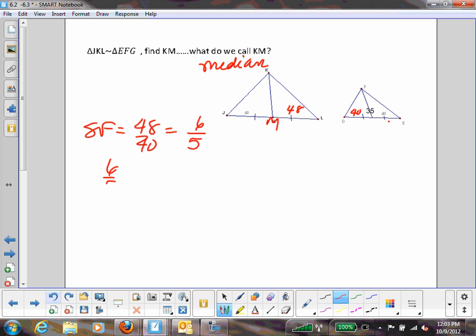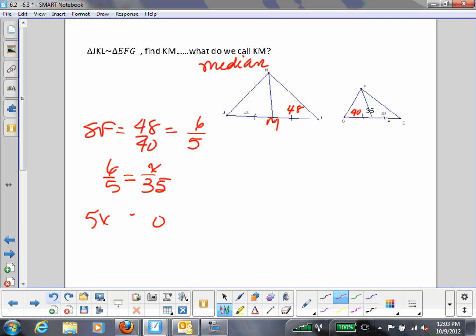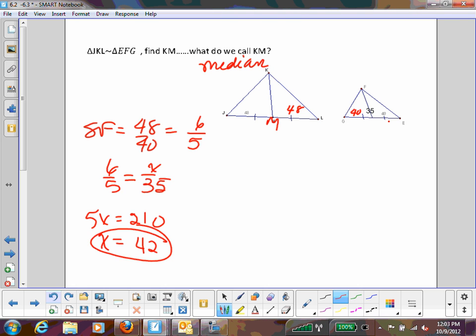So 6 over 5 is going to equal x over 35. So 5x is equal to, is that 210? Right? And that's going to be 42. Are we all good on this? Scale factor, SF.